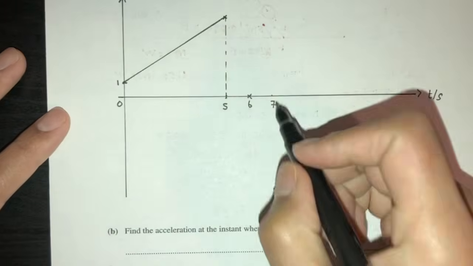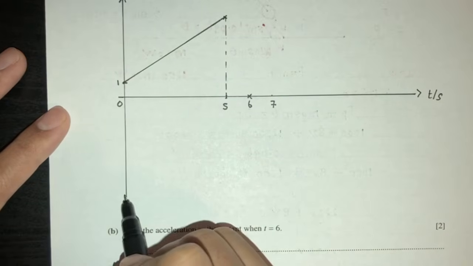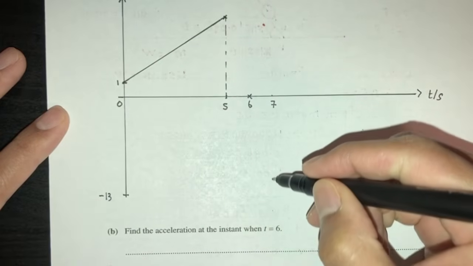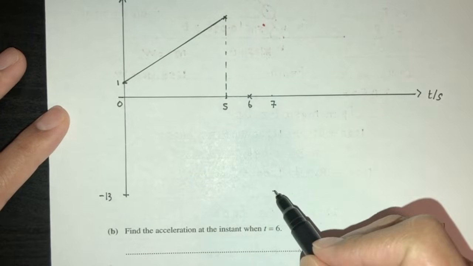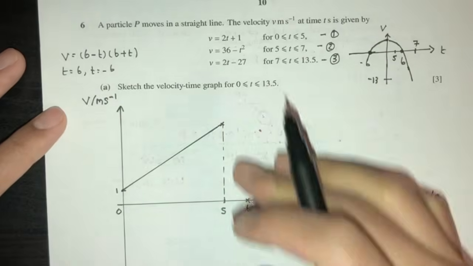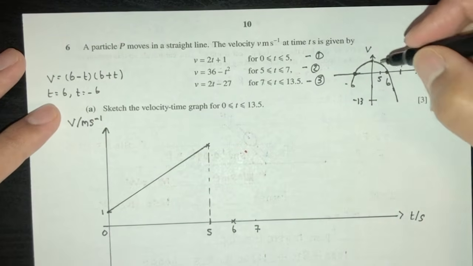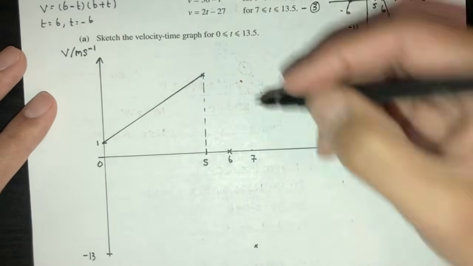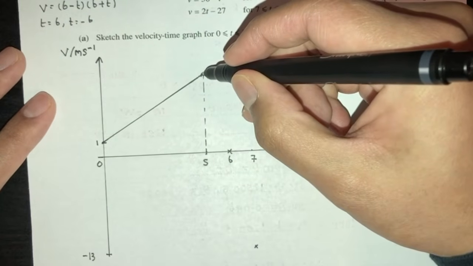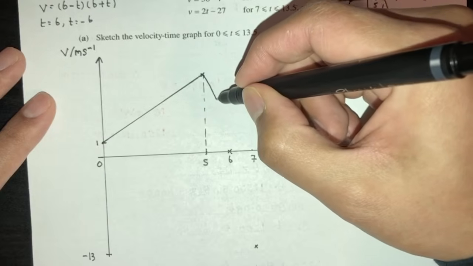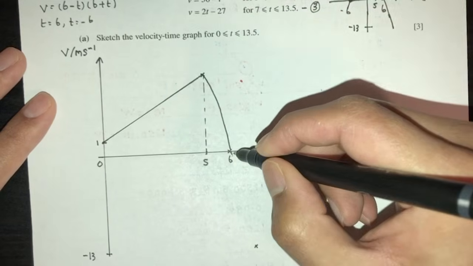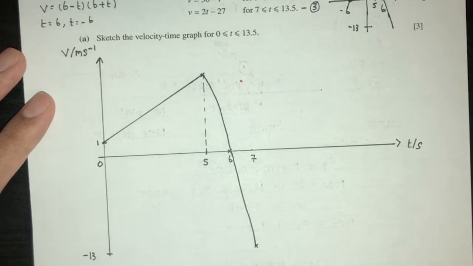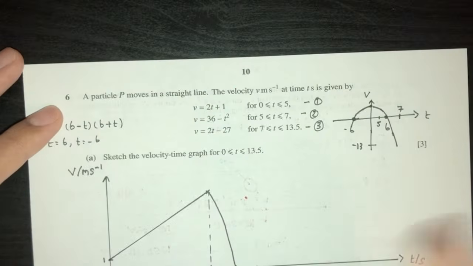So let's say minus 13 will be about this point. Of course, when you draw this, you have to show the shape kind of curvy. It will not be a straight line. Make sure you show that it is kind of curvy. Try your best to make it look kind of curvy. Okay, so that will be for part 2.